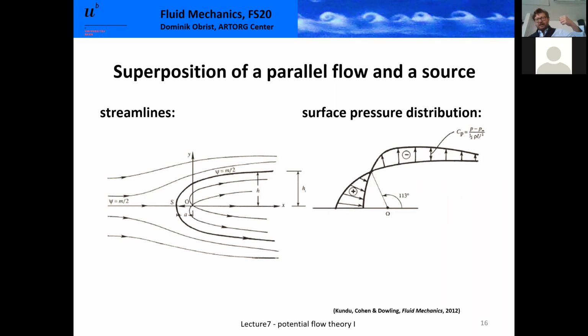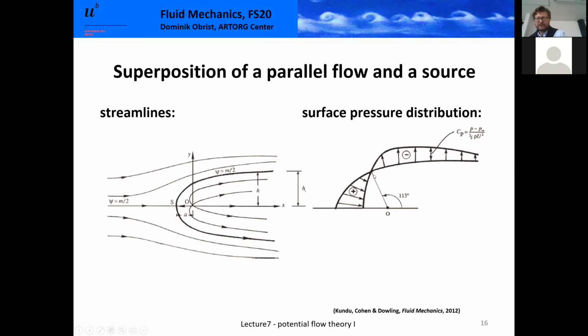Because that's where, at the stagnation point, we're bringing the velocities to zero or close to zero. Right at the stagnation point, they're exactly zero. So all the velocity will be translated through Bernoulli into a pressure. So that's why we have a very high positive pressure at the stagnation point, and it's still a positive pressure, a pressure surplus, as you go a bit further downstream.